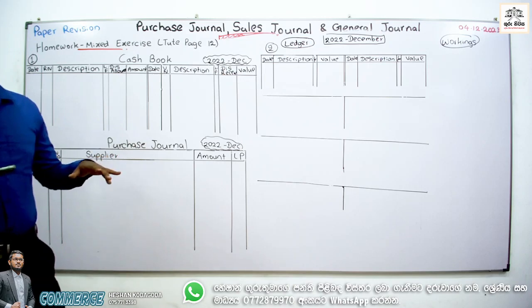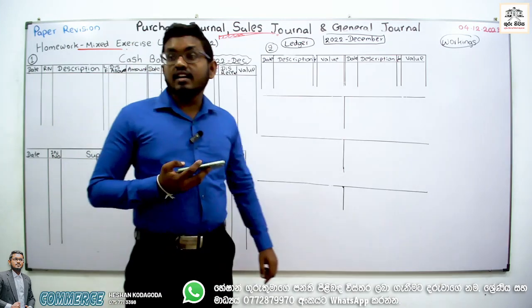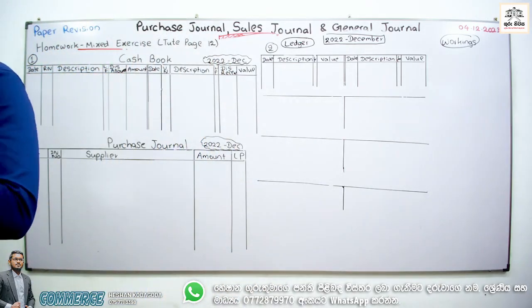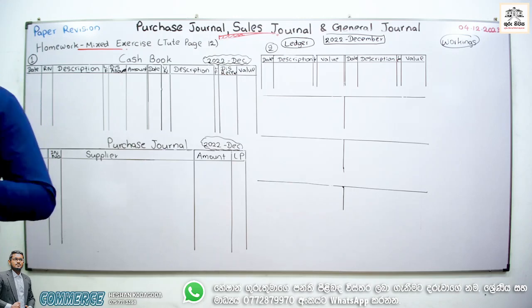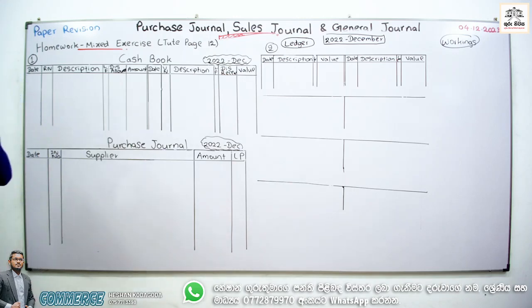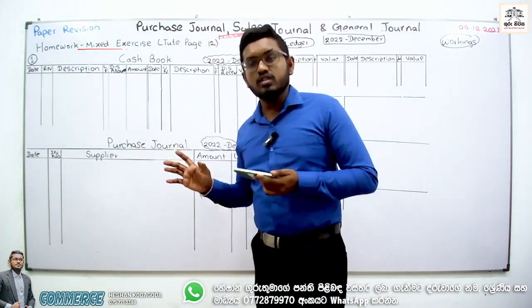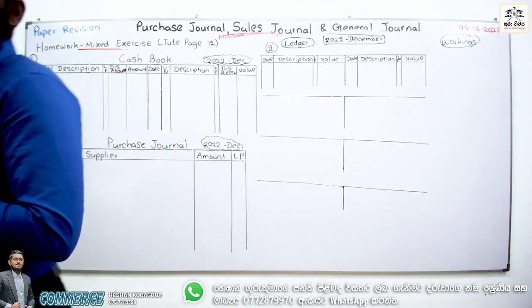There seems to be nothing like purchase of non-current assets on credit basis here. So since there are no non-current asset credit basis purchases, we don't need a general journal. As the second one, we need to prepare the ledger accounts.